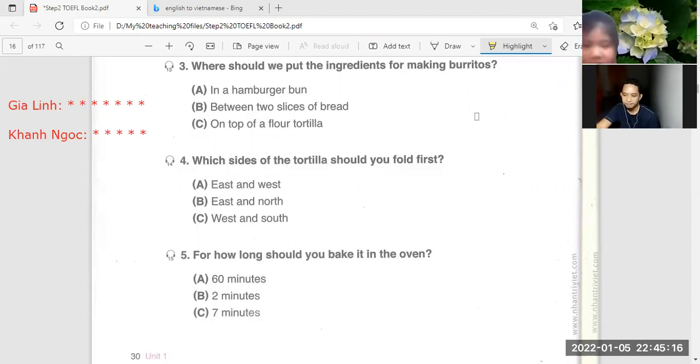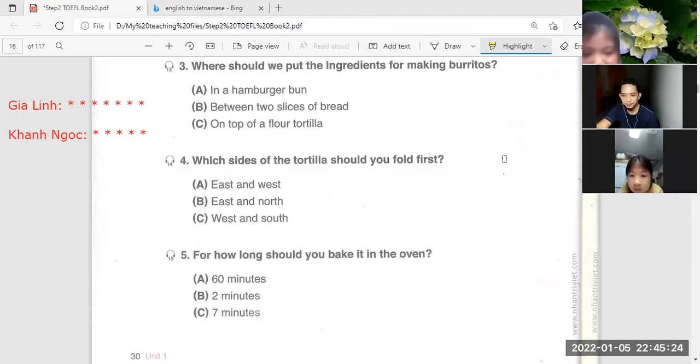I think it is B. B, between two slices of bread. Okay, what about Kenyok? I choose B. Okay, B. Very good. Next, number 4. What about Giling? What is number 4? Which sides of tortilla should you fold first?